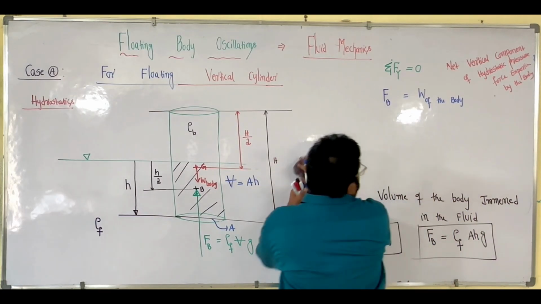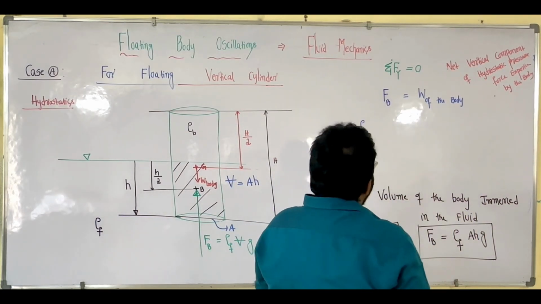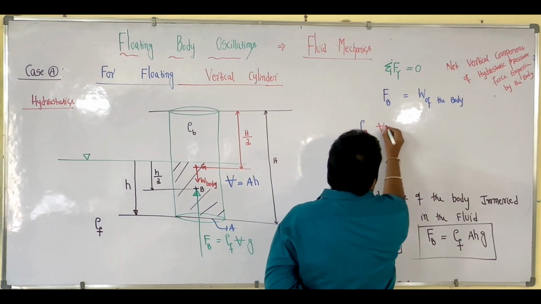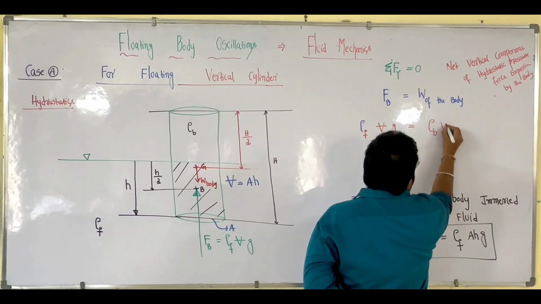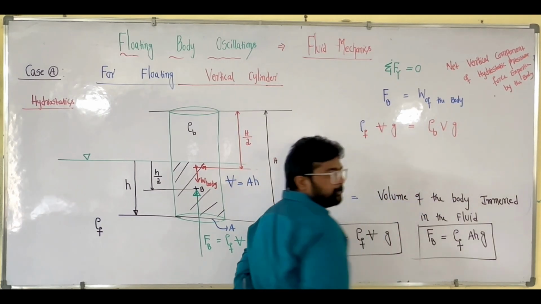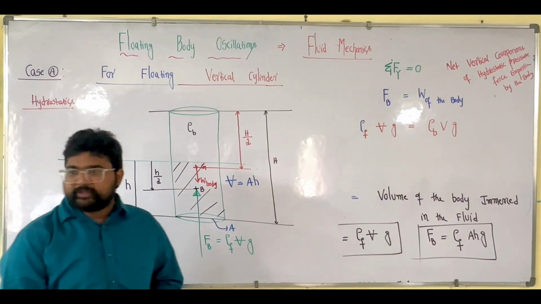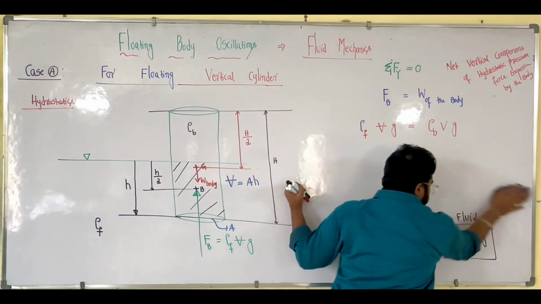Density of the fluid into volume of the fluid displaced into g equals density of the body into volume of the body into g. Density equals mass by volume. Clear?